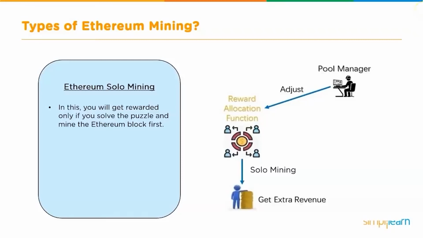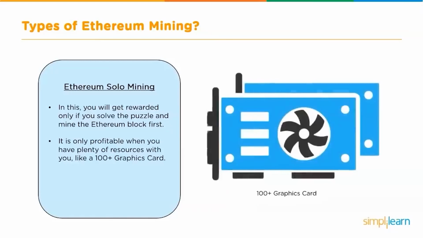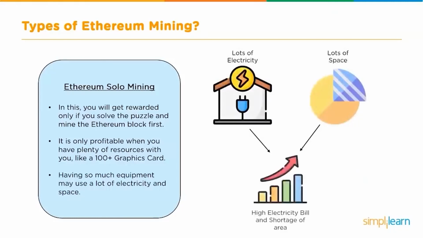Since here you are competing with many people and companies, you have to be very good at your work. Also, solo mining is only profitable when you have plenty of resources with you, like 100 plus graphics cards. And in solo mining, having so much equipment may use a lot of electricity and space, leading to high electricity bills, and not everyone has a considerable amount of area needed.